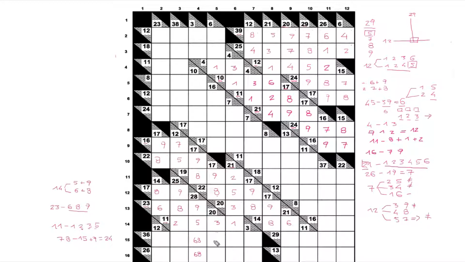Here has to be 17, it is 8 or 9. And here for 21 there is 6 numbers, 1, 2, 3, 4, 5 and 6, and 2 remaining numbers are 4 and 6.